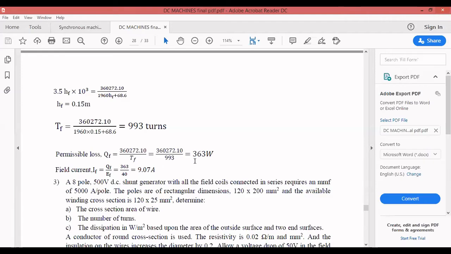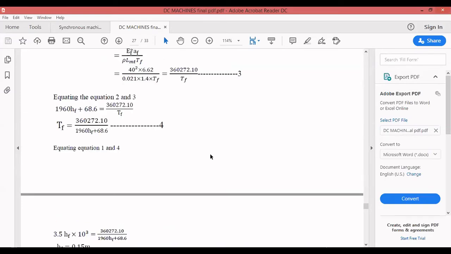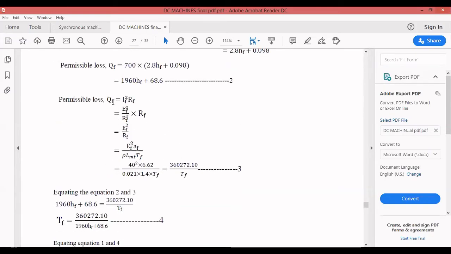So what is the loss now? 363. 363 divided by 40. This is EF, nothing but 40. Then what is the field current here? 9.07. So the permissible loss QF you can calculate here. Once you know TF, you put it here. From this formula you can calculate QF.